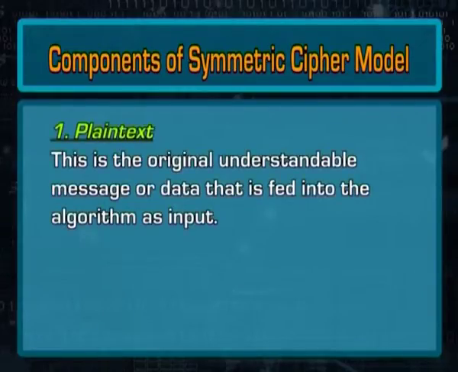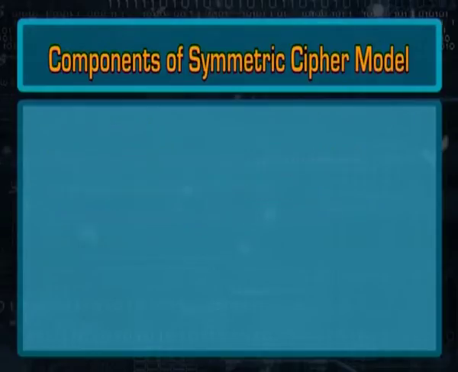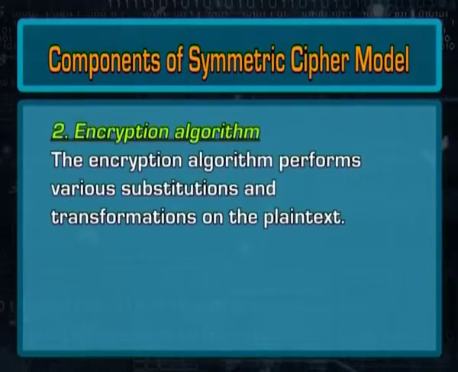The first is plain text, the original understandable message or data that is fed into the algorithm as input. The second is the encryption algorithm, which performs various substitutions and transformations on the plain text.